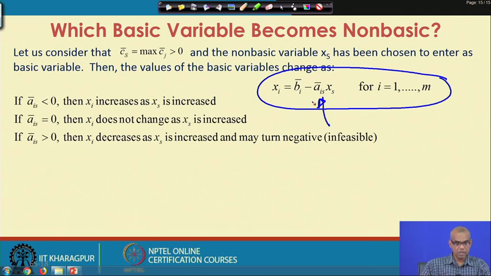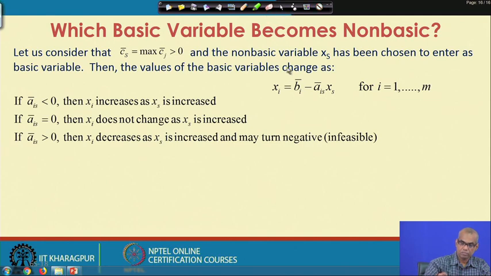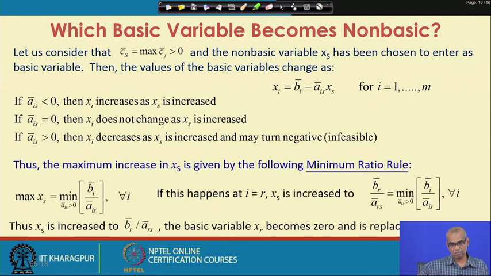If ais bar is greater than 0, then xi decreases as xs is increased and may turn negative. That means, it may become infeasible. So, how much increment should I make to xs? Thus, the maximum increase in xs is given by a rule known as minimum ratio rule.